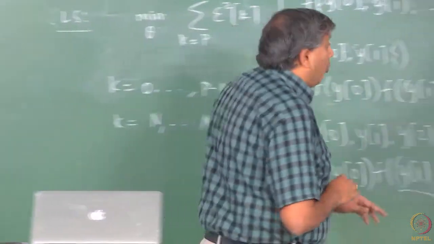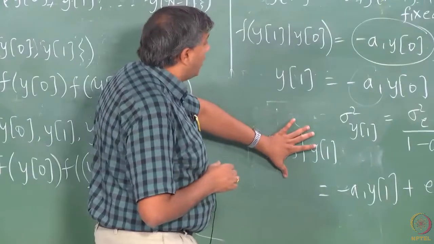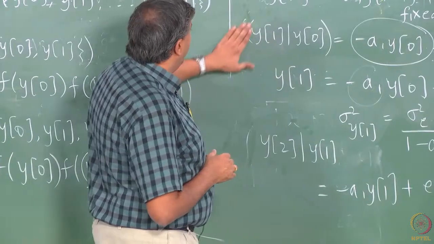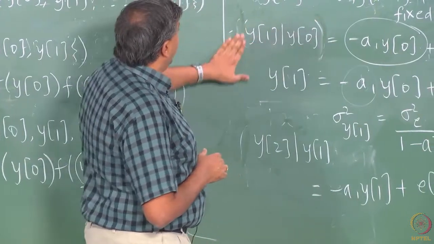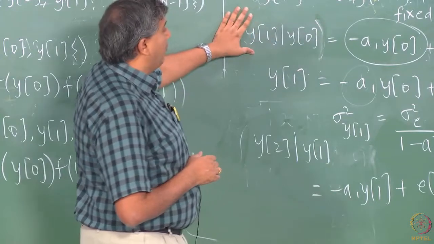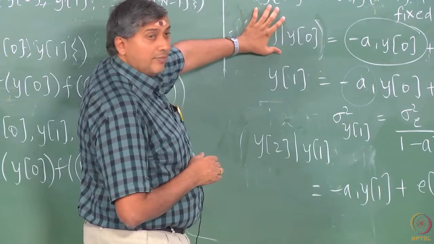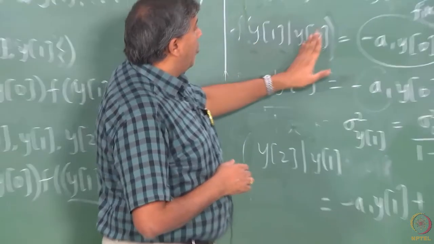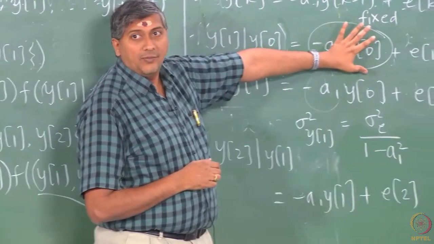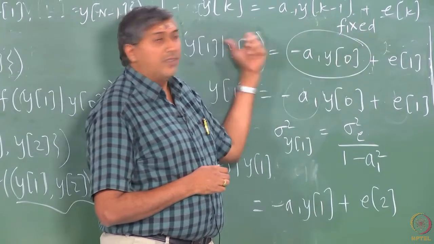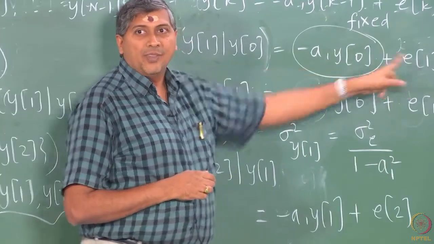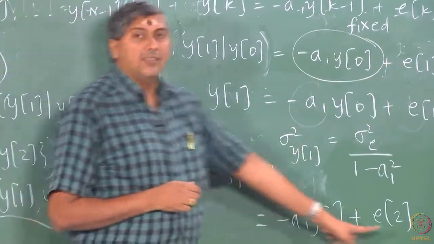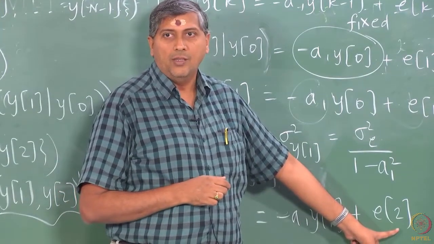The correlation or covariance between conditioned Y2 and conditioned Y1, do not look at the unconditional one here. Remember, the moment you condition, this becomes fixed. The only randomness in this conditioned Y1 is E1, and the only randomness in this one is due to E2.